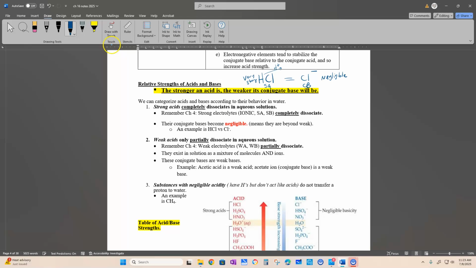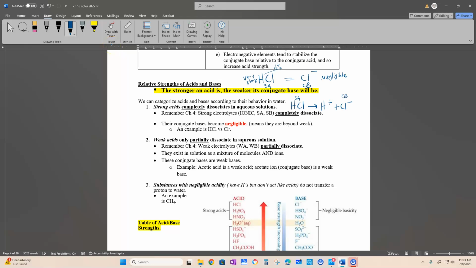Okay? And I'm going to get to what that means in just a second, but let's look at the 3 right here. We can categorize acids and bases into completely dissociates. Hey, that sounds familiar from chapter 4. Strong acids completely dissociate, so do ionic compounds, and strong bases completely dissociate, like HCl completely dissociates into H+ and Cl-. Okay? Because this is a strong acid, this Cl- it produces, that's going to be my conjugate base.